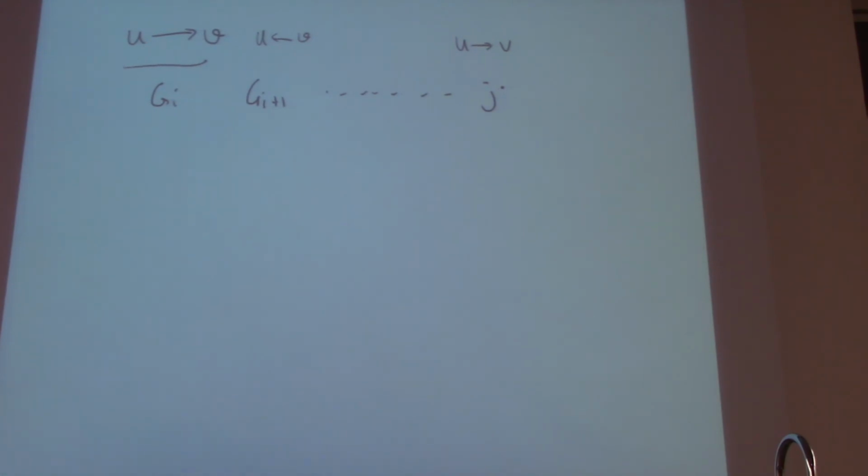Then the claim is that the level at j of U is greater than or equal to the level at i of U plus 2. So what I'm saying is that an edge shows up, it disappears, and it comes back.